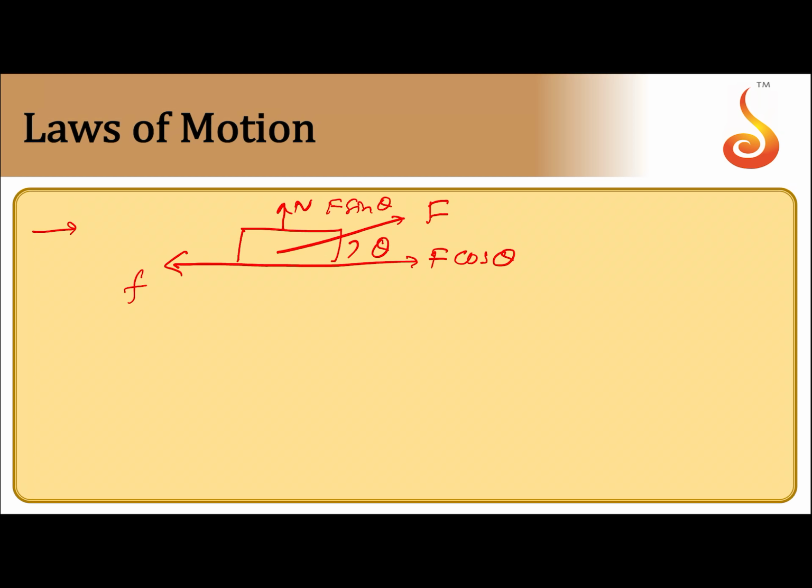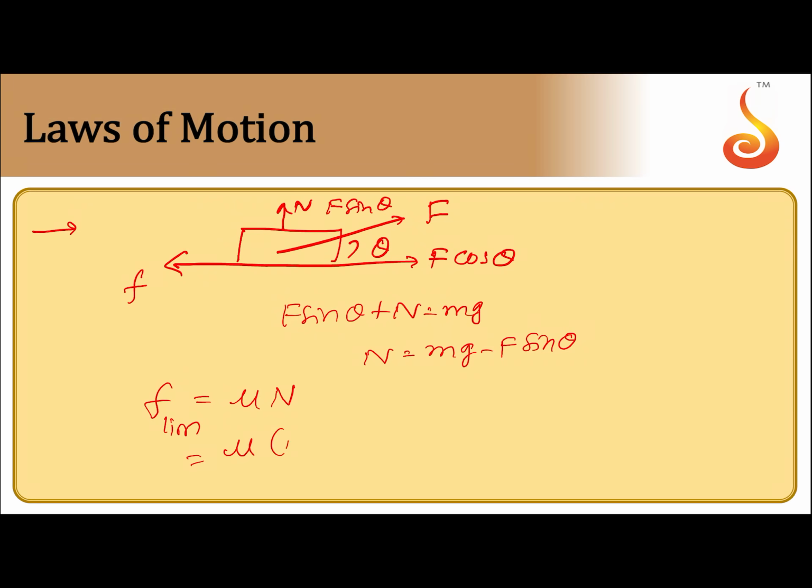So now the pulling force towards the right becomes F cos theta, isn't it? While what we have is F sine theta plus n balancing mg, or n becomes mg minus F sine theta. So your force of friction, that is the limiting force of friction, becomes mu n, that becomes mu into (mg minus F sine theta).